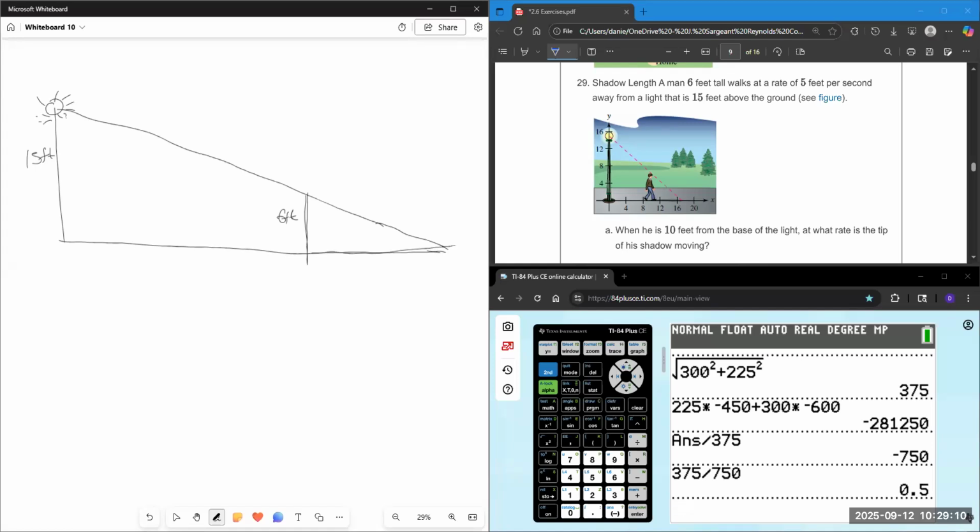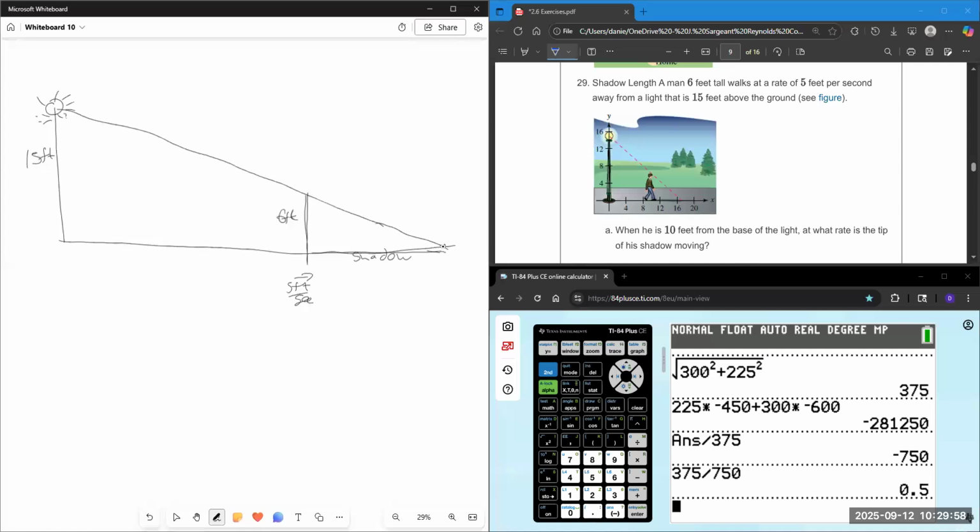This is the shadow that's being cast from the light source, and the man is moving in this direction at a speed of 5 feet per second, and we want to know how that's affecting the length of the shadow and how fast the tip of the shadow is moving.